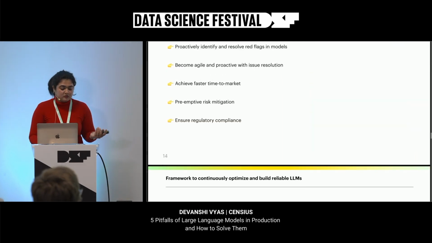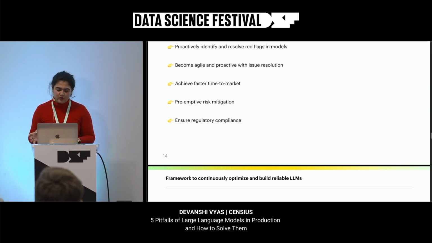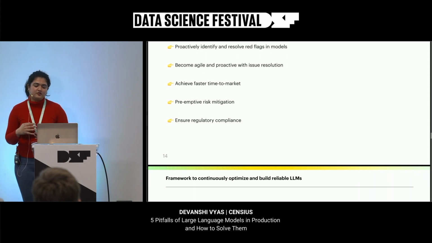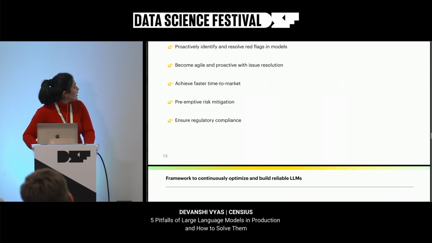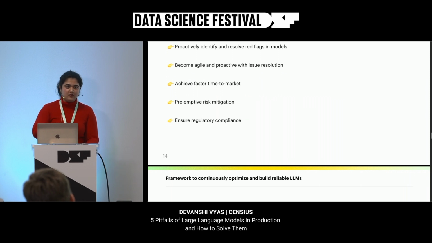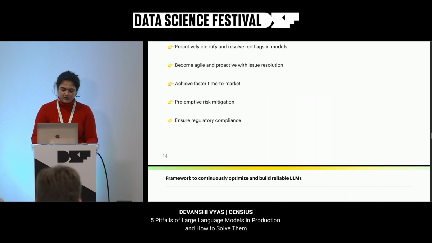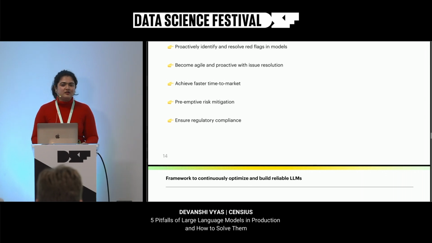So what do data science teams really need? We need to know what kind of oversight our model has, and we need to know which tools to use, which processes to have to ensure that we can identify and resolve issues in models, and we can ensure accuracy and reliability. And we want to make sure that we solve our problems in an agile way, because we need to resolve our issues rapidly, and we also want to make sure that we adapt swiftly to evolving data challenges, because there are going to be new and new challenges as we embrace new models, new architectures, and there's a lot of unseen territory that we're being exposed to here.